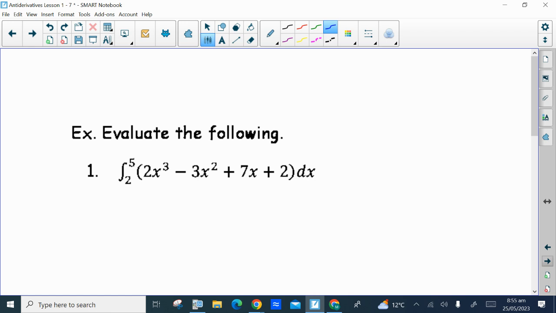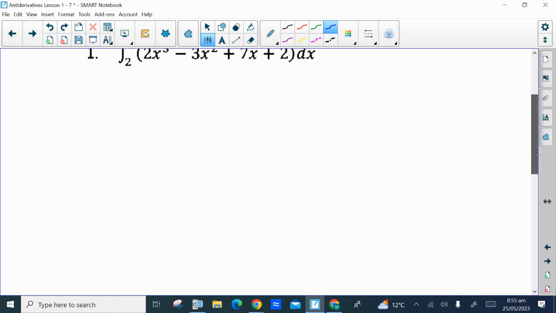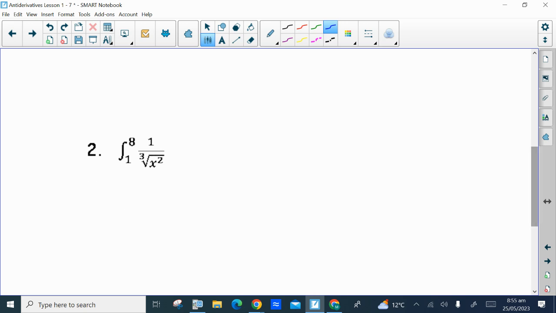Okay, I'm going to skip this one here. Let's go down to the second one. What I would do first here is change the radical to a power and move it up to the top. That would be x to the -2/3 that we're going to evaluate from 1 to 8. Now we'll take the antiderivative.